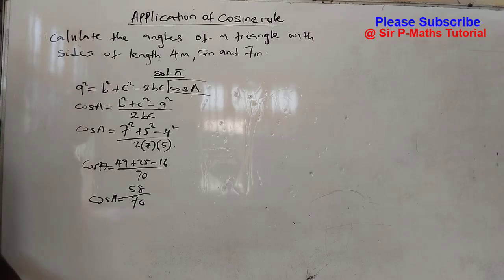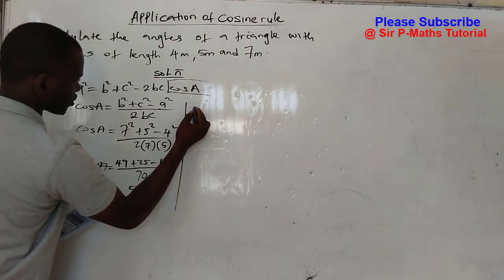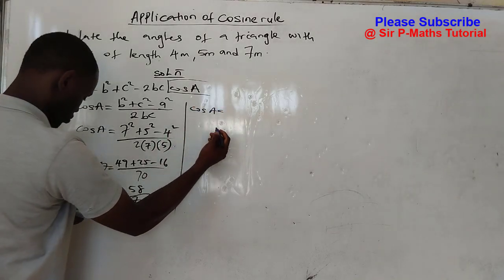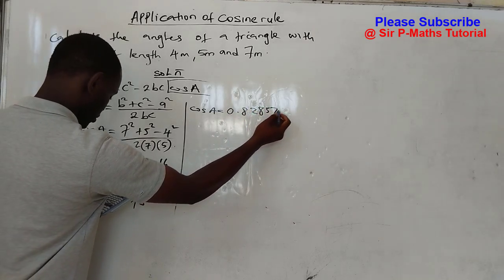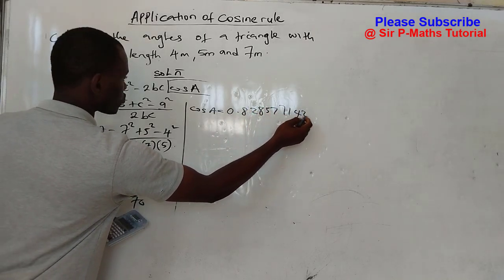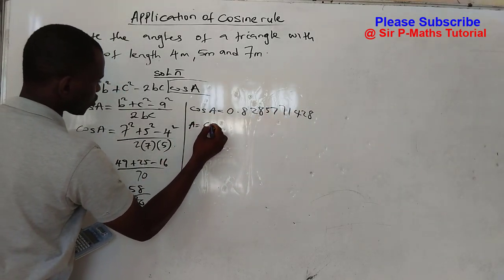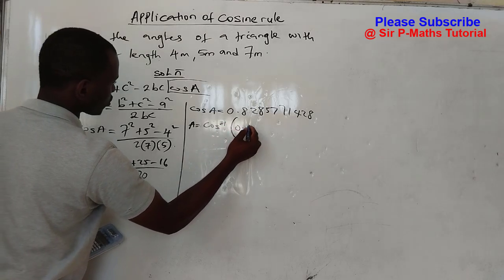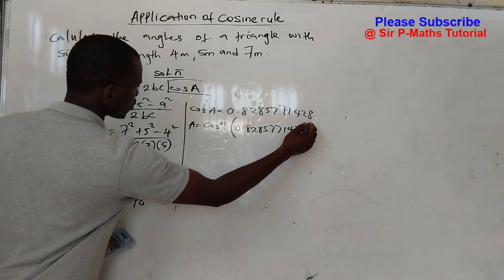right? Then we'll divide, and then I will have cos A to be 0.8285771428. To get my A, I will say that A is equal to cos inverse of 0.8285771428.